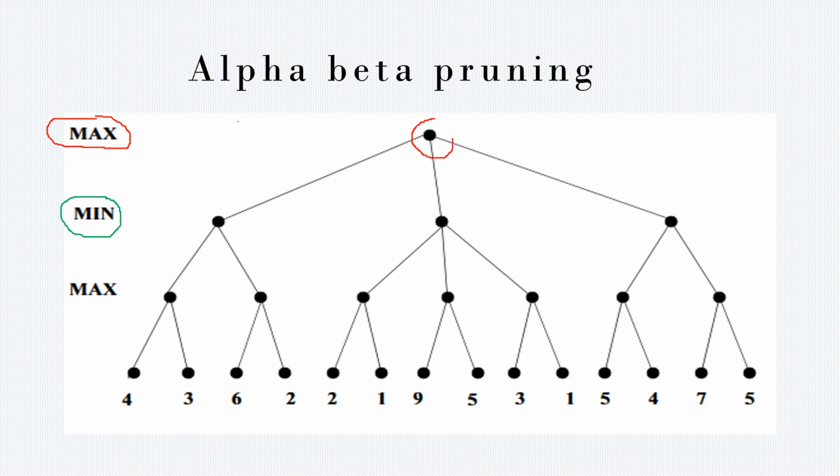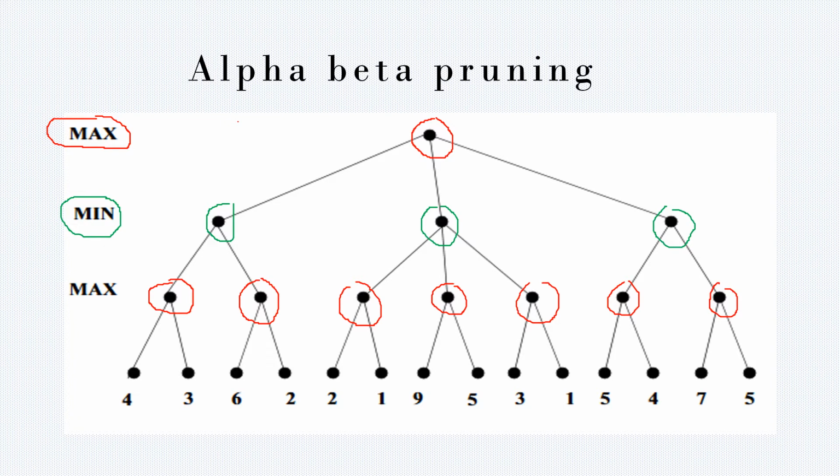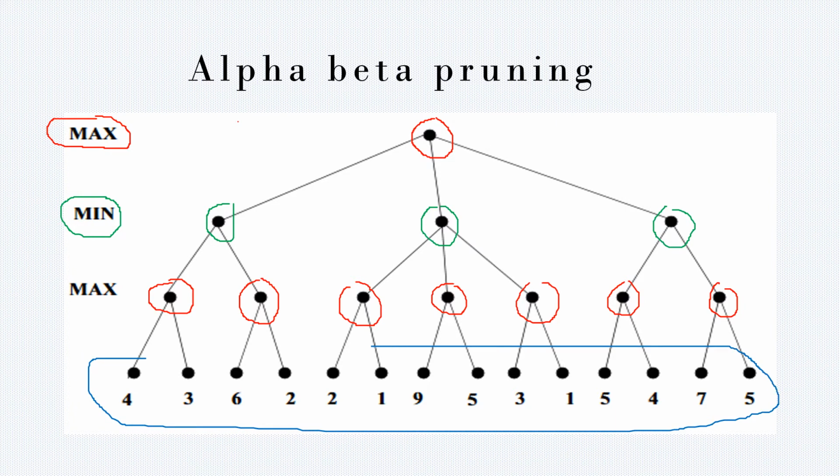For example, the top node belongs to Max, then the nodes on the next level belong to Min, and again the nodes on the next level belong to Max, and the nodes at the bottom we call static nodes, because the values of these nodes cannot be changed.